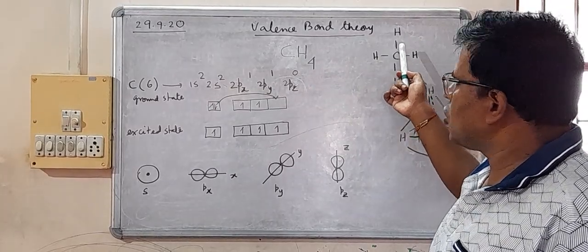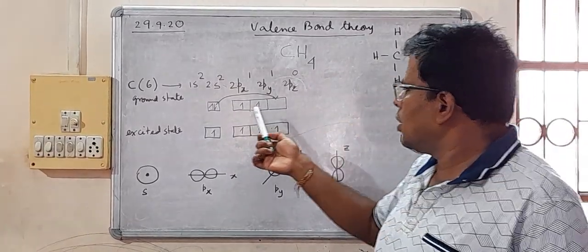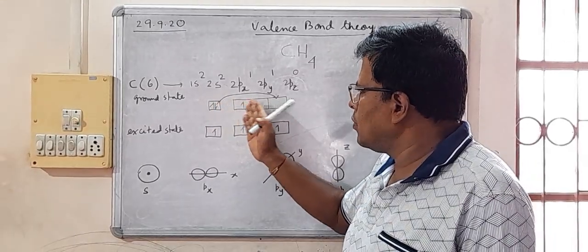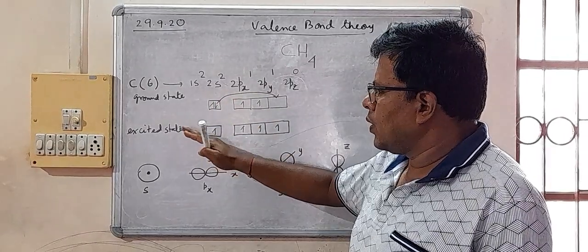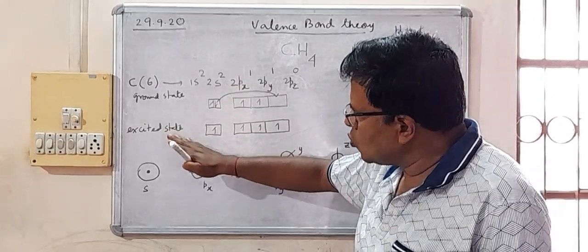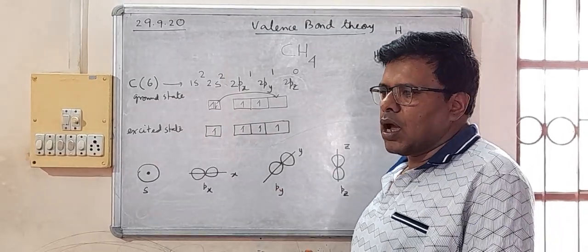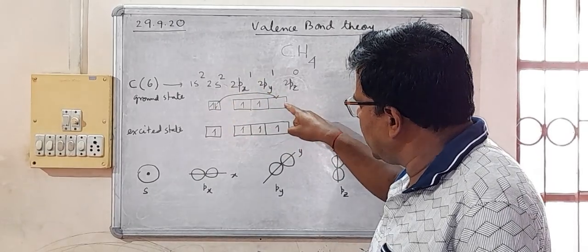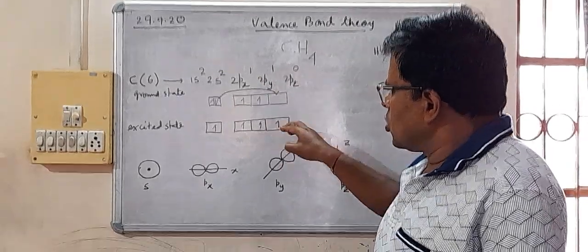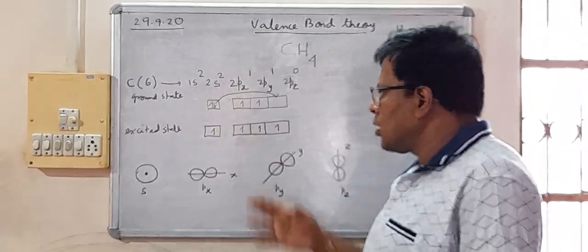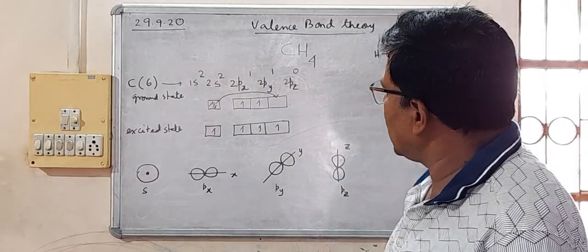Since we require formation of 4 bonds, and here we have only 2 half-filled orbitals, we have to take this carbon atom to the excited state. This is the ground state configuration. We have to take it to the excited state configuration, meaning a higher energy state. In that case, this electron will go to the empty pz. So this is the excited state configuration. Now you see we have 4 half-filled orbitals, and these 4 half-filled orbitals can give rise to 4 bonds.